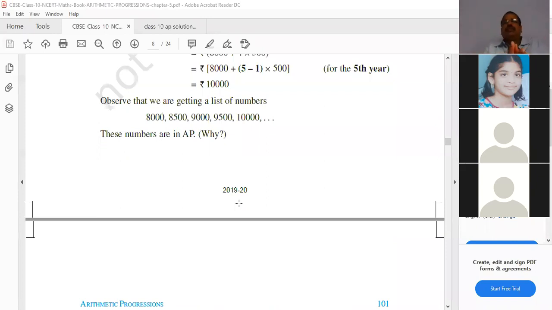Santosh, a_29 means n equals 29, the series having 29 terms. So a_29 is equal to what, Santosh? a plus 28d. Very good.